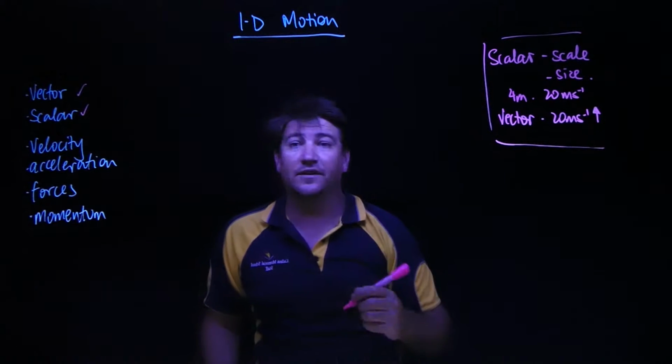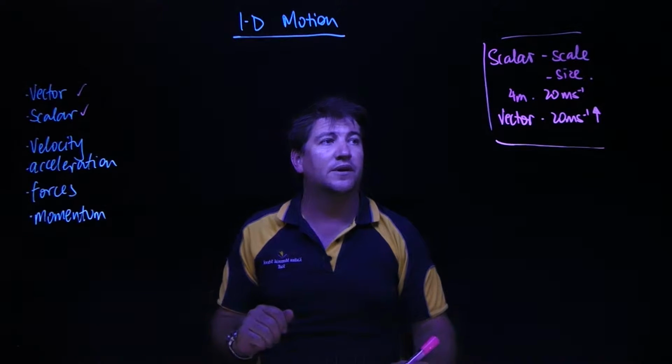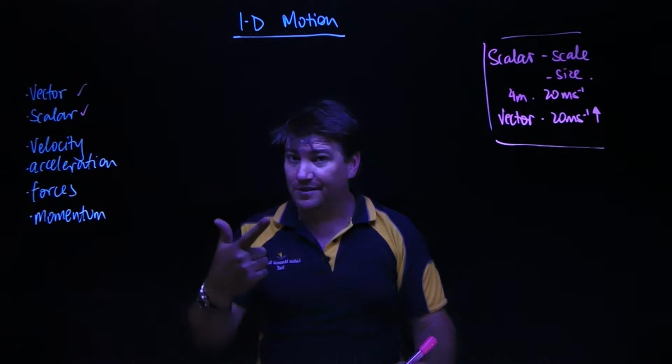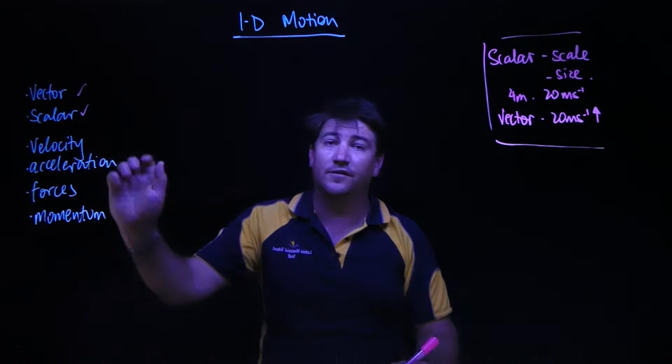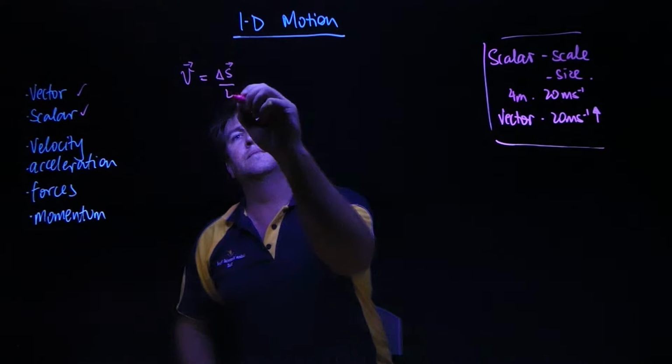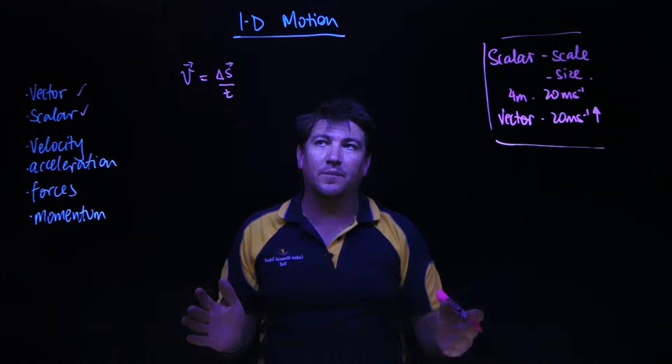Velocity is actually defined as the change in displacement. So velocity and speed are related, distance and displacement are related. Velocity is displacement over time. So basically going from one position to another over a certain time period.